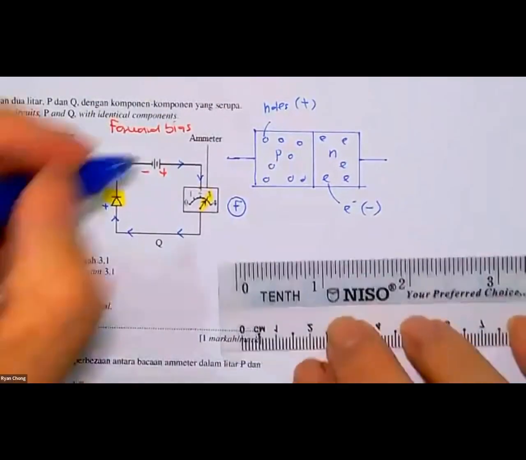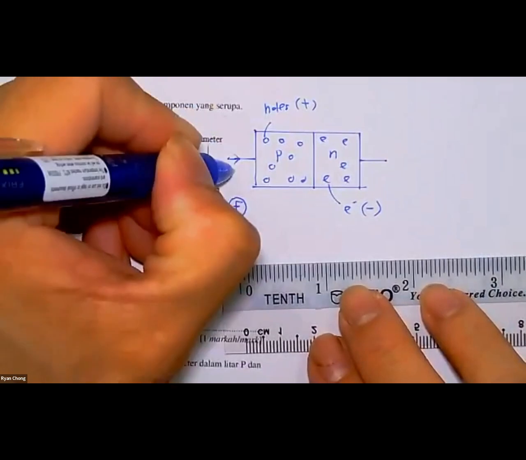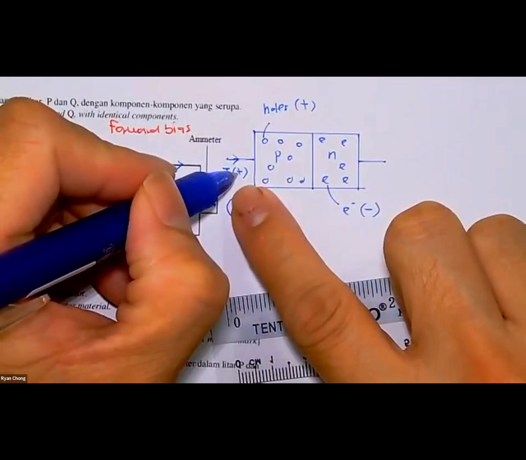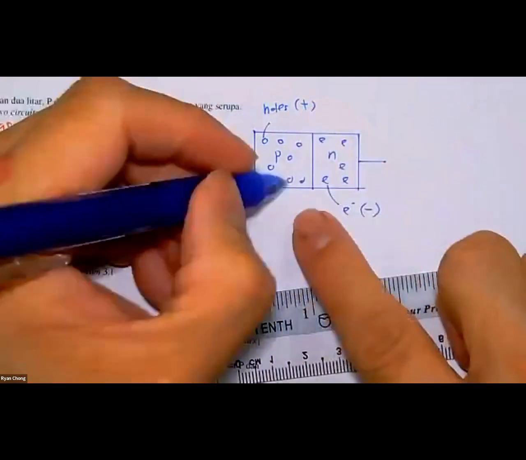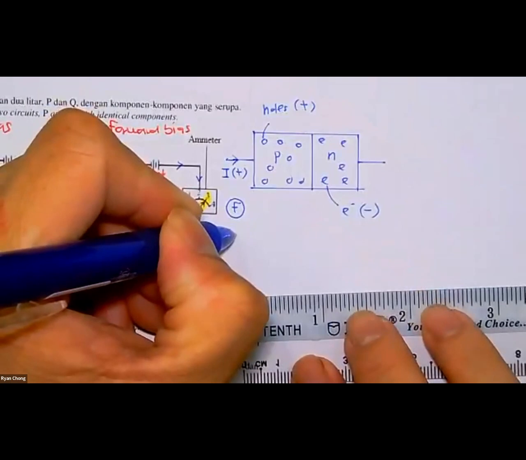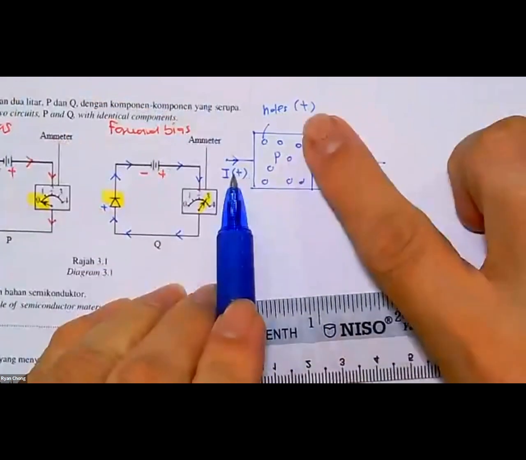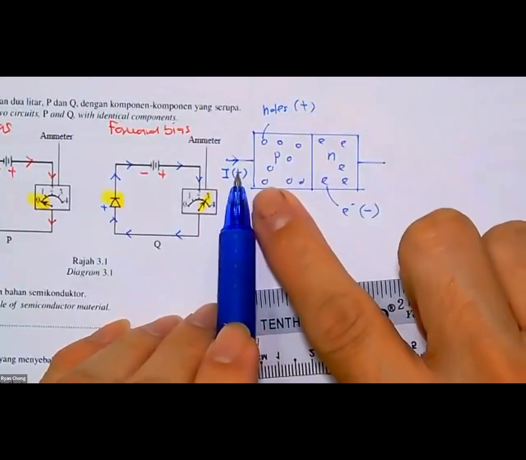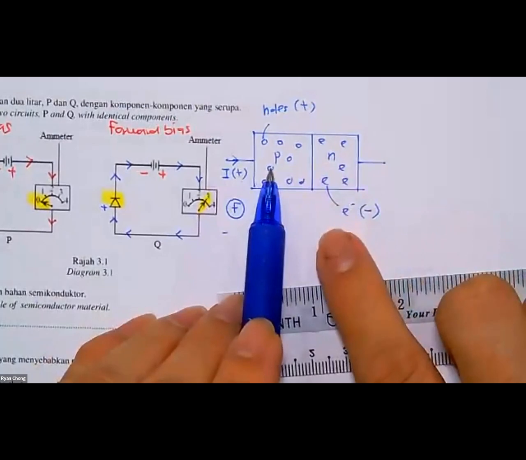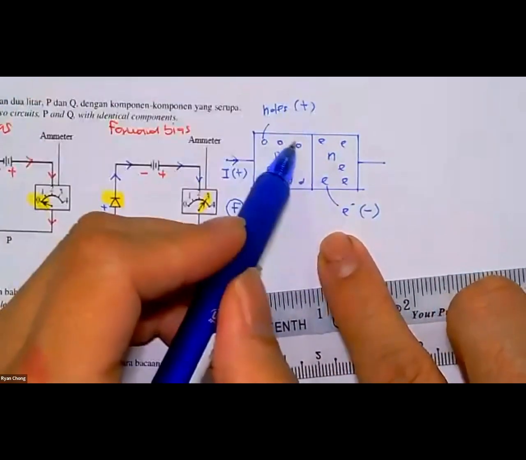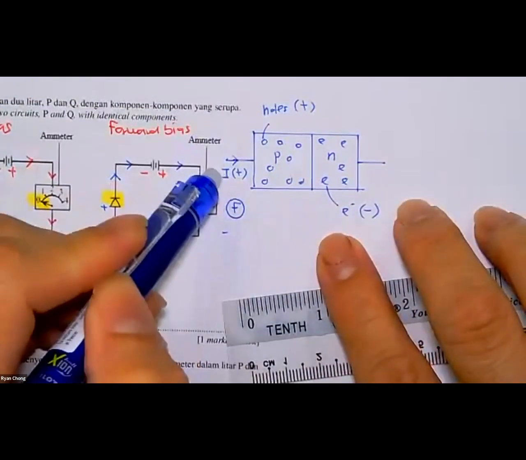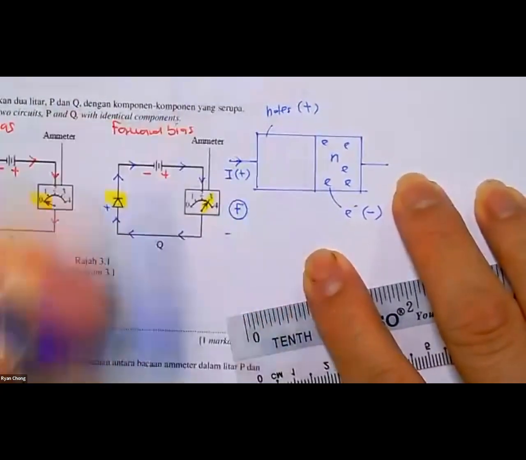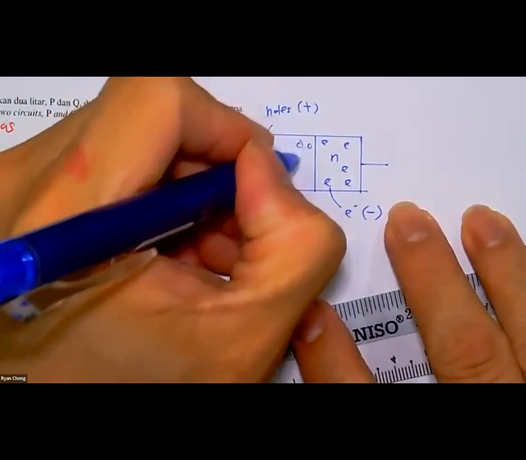When current comes in, the current is positive. Positive, positive: the current will repel the holes because they have the same charge. So all the holes are repelled and pushed to one side.